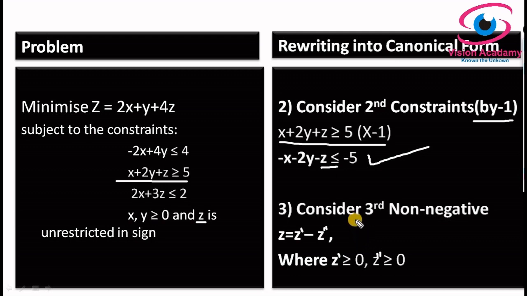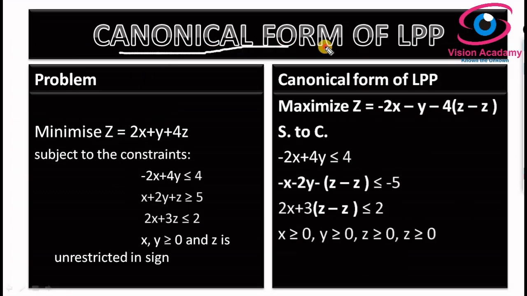Okay, now we can see the final outcome of canonical form. So finally, the canonical form of linear programming: this is the given problem, and in the canonical form, maximize z dot equals minus 2x minus y minus 4z. For z we have taken some restriction.